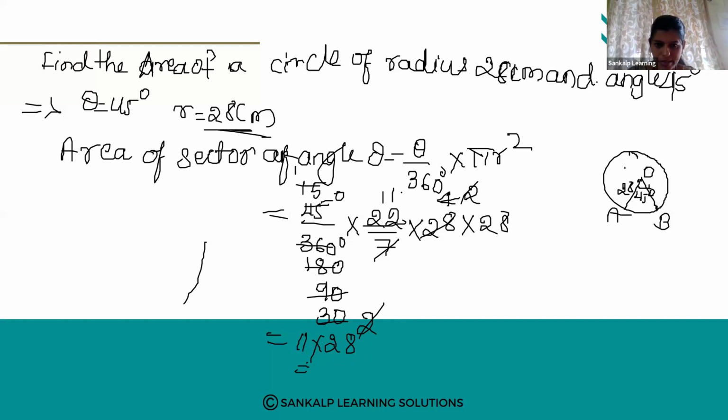So 22 divided by 7, 11 remains. So 2 and 2 will get cancelled.